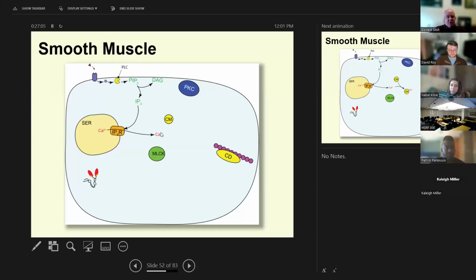So now calcium's gone up in the cell, and it's going to bind this guy, calmodulin. Okay, so we've seen calmodulin before when we were talking about the structure of filopodia and the structure of microvilli. Here it's not being used structurally.